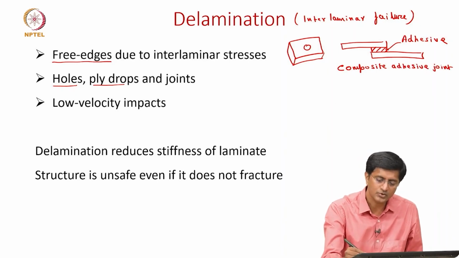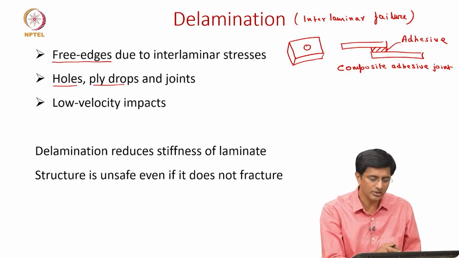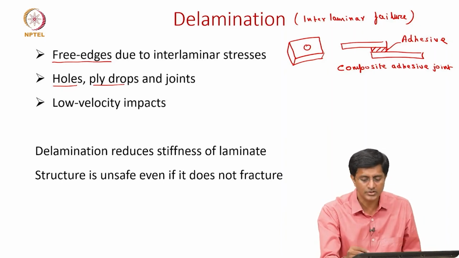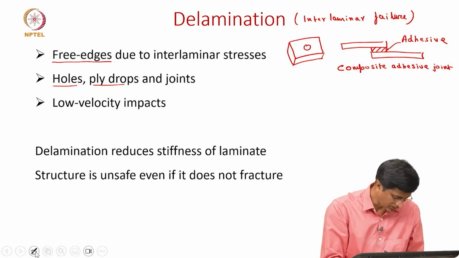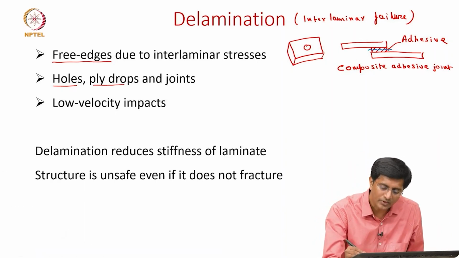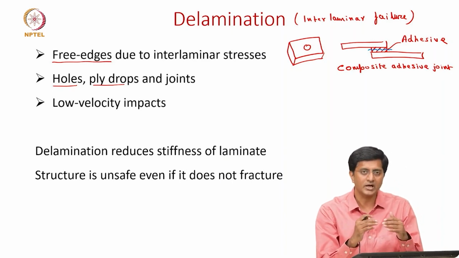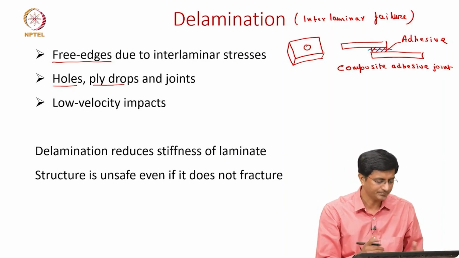We have used an adhesive to join one layer of the composite to the other, and because of the loads the failure can occur here. So if we have a failure here, then we have a delamination occurring at the joint level.